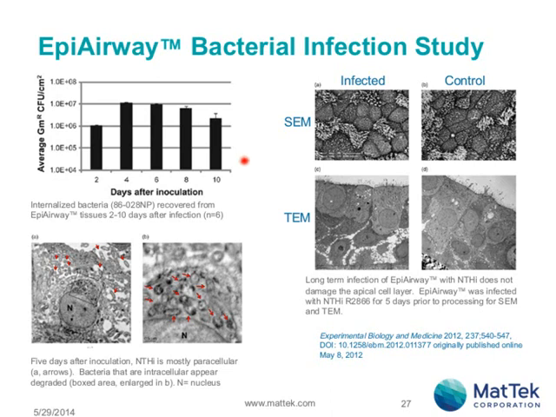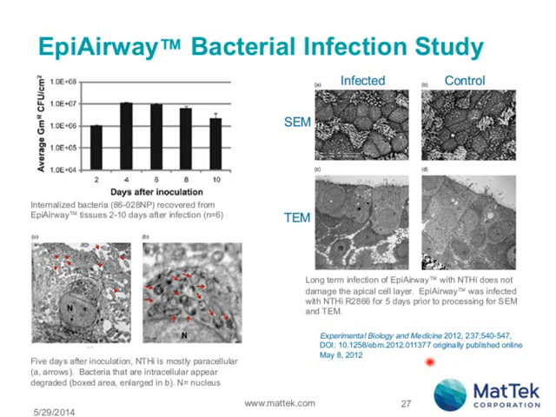The EM images on the right show the apical surfaces of the EpiAirway tissues that have either been infected with NTHI or left uninfected. And you can see that after 5 days of co-culture, the apical surface is not significantly damaged compared to control tissues. Therefore, bacteria can be co-cultured with the EpiAirway tissues without detrimental effects to the tissue ultrastructure.